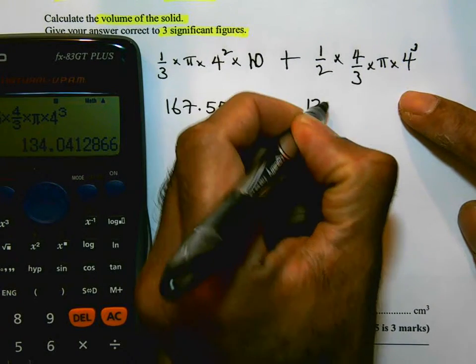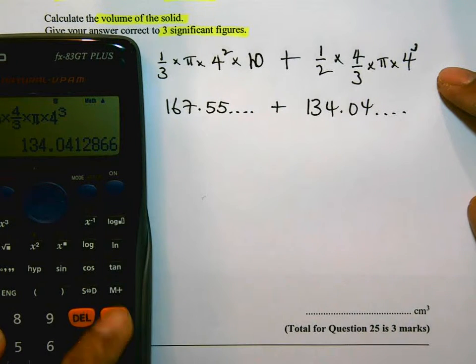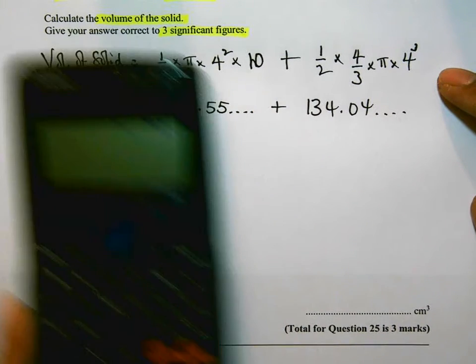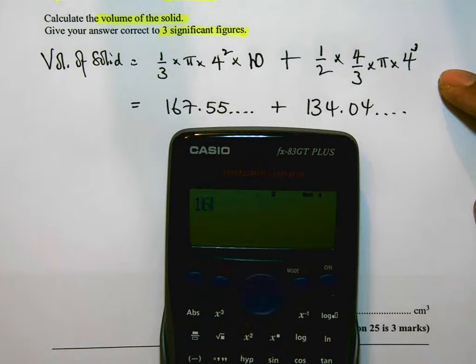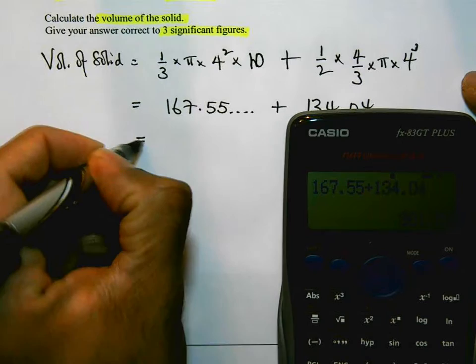If I add these two, I'm going to do 167.55 plus 134.04. That gives me 301.59, and there'll be other bits after that.